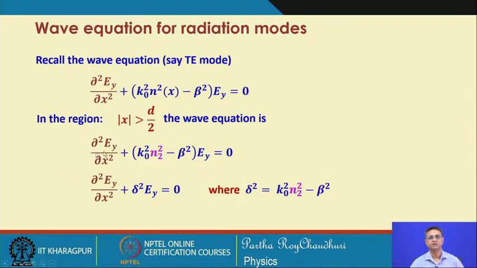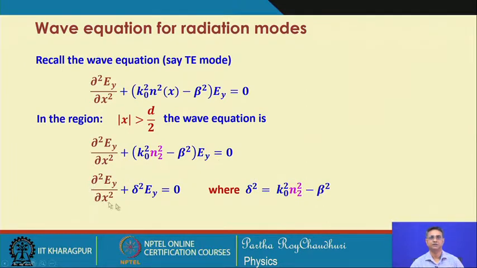Here we write delta square, which is equal to k 0 square n 2 square minus beta square.